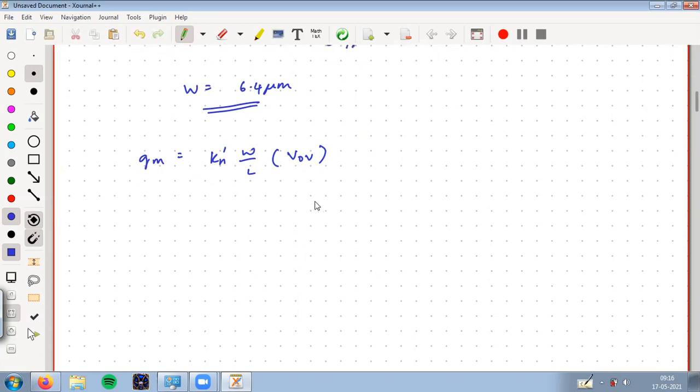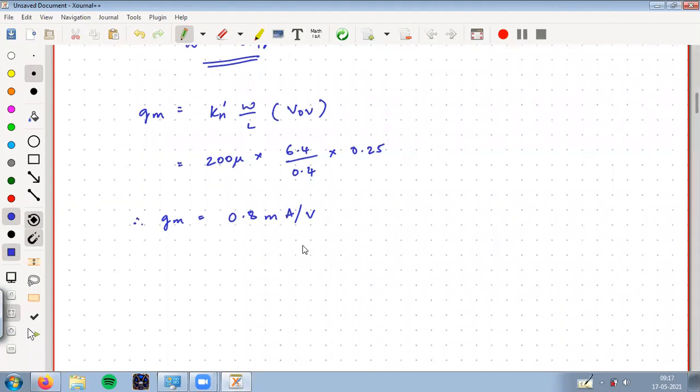Again, substitute all the values: 200 micro into 6.4 divided by 0.4 into 0.25. Therefore, GM here is 0.8 milliamperes per volt. Don't forget to write the units. Always write the units. So GM I have found, W I have found.